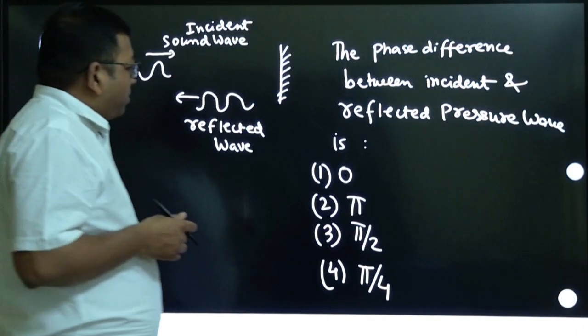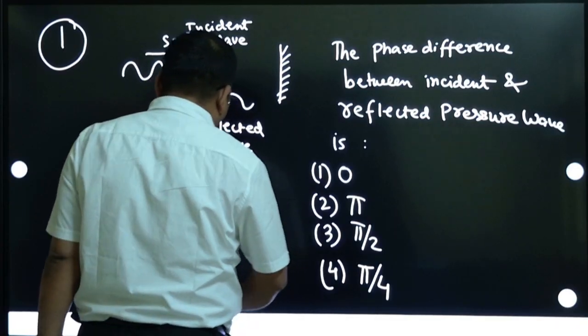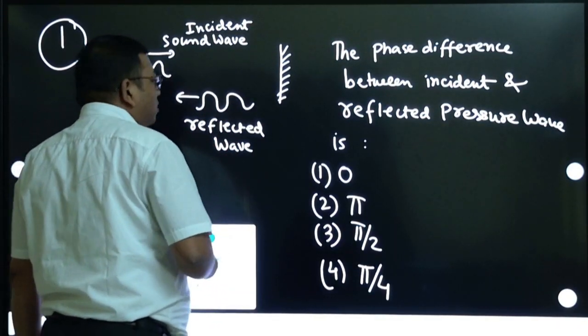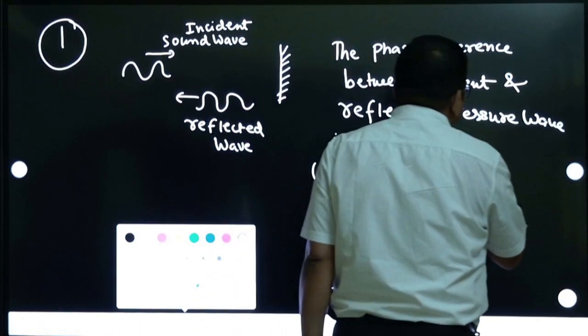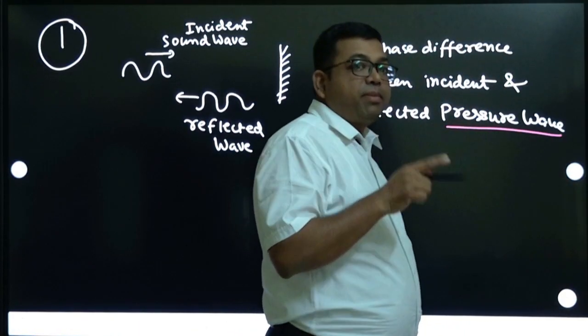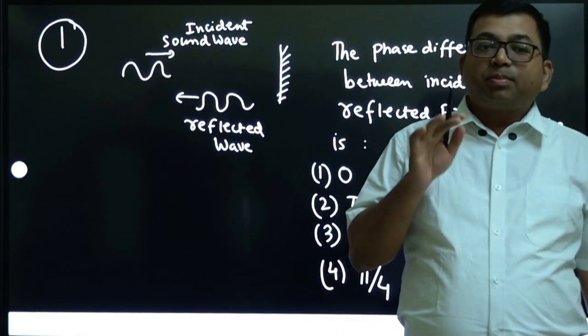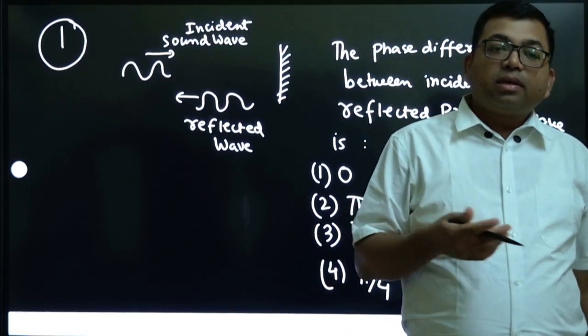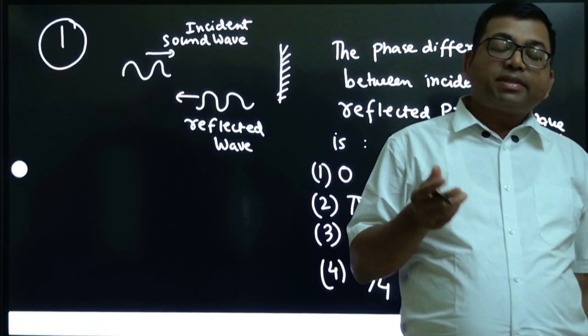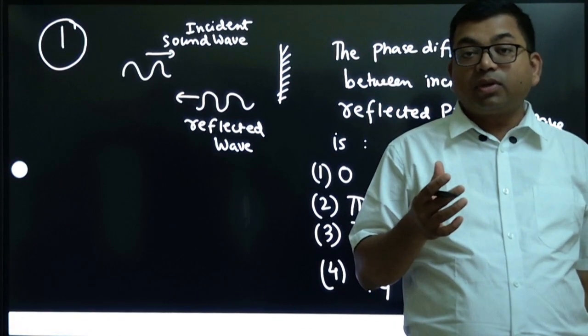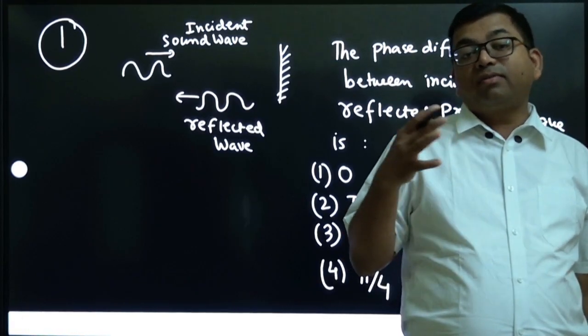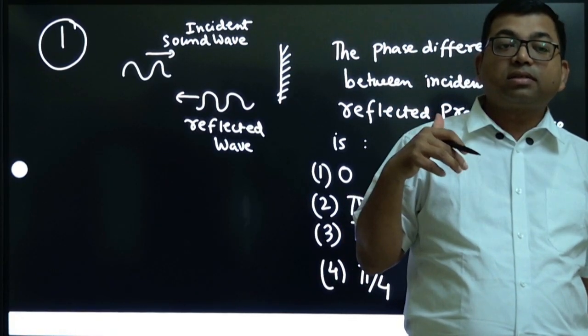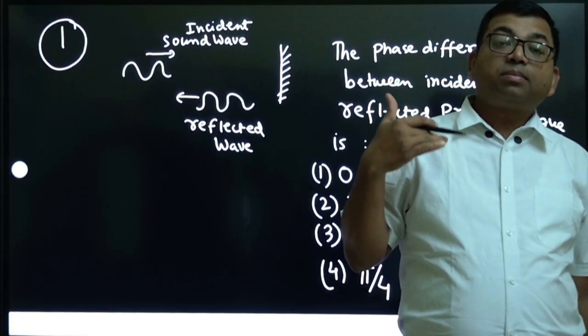Okay, now think about it first. You have to think about this term, pressure wave, here. This is not the displacement wave. Remember, this is a pressure wave. Sound we can represent as a pressure wave, displacement wave, or density wave. We can write different functions, and here they have asked to take sound as a pressure wave.